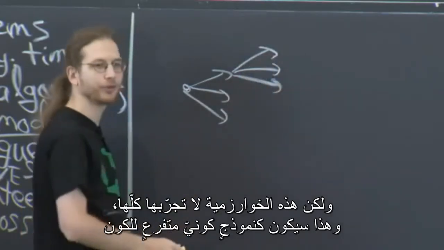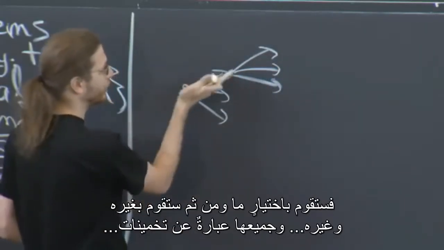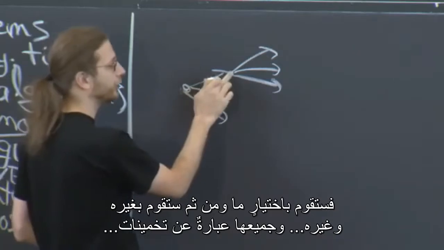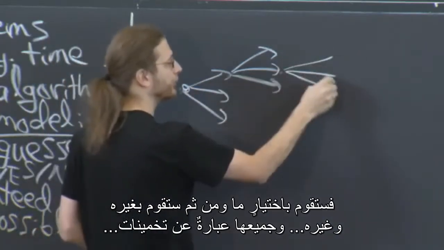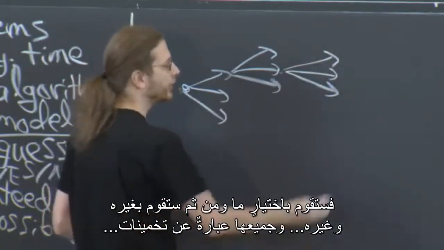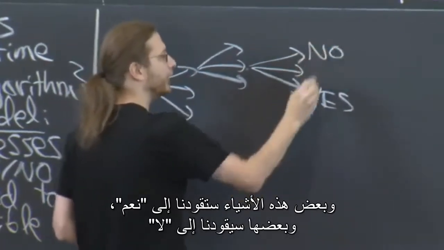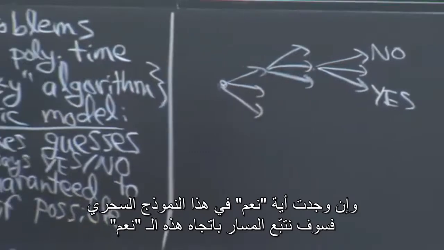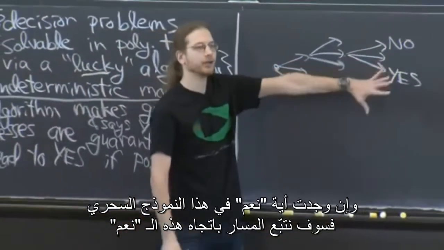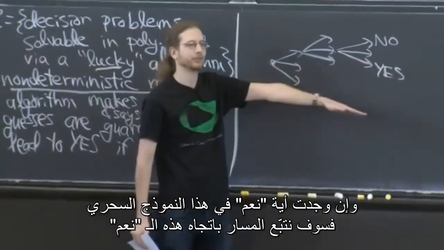It's like a branching universe model of the universe. So you make some choice, and then you make some other choice, and then you make some other choice. All of these are guesses. And some of these things will lead to yes. Some of these things will lead to no. And in this magical model, if there's any yes out there, you will follow a path to a yes.